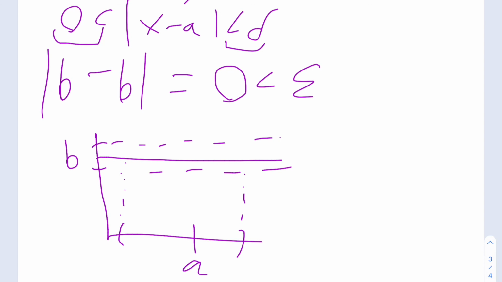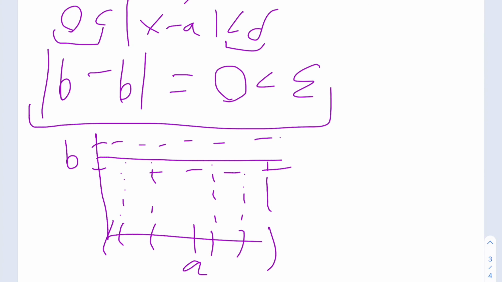The delta window can be anywhere, and it's always going to be the same resulting value. This is a special case because f of x doesn't depend on x. It doesn't change as x increases or decreases. So this is why the delta doesn't matter. It's irrelevant in this case.